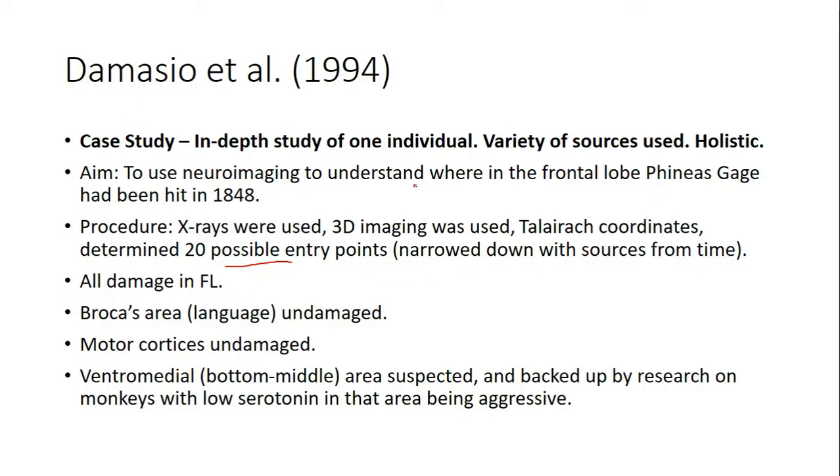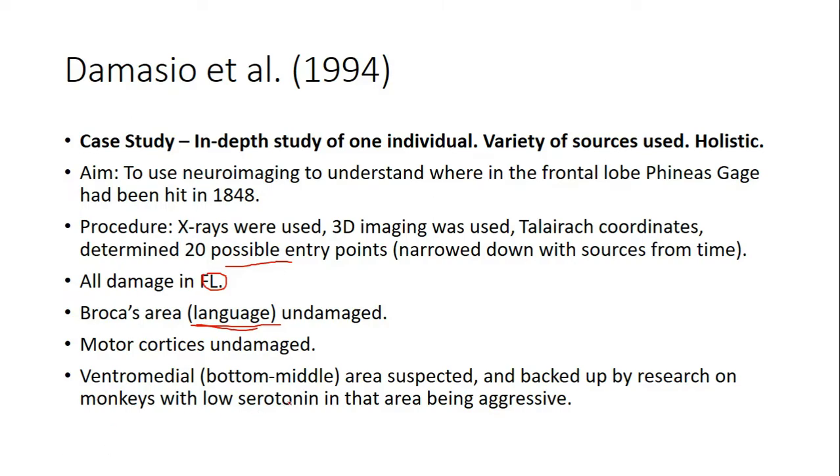All of the damage was in the frontal lobe, so it shows that it is about decision making and personality. Broca's area, which is an area for language, is in the temporal lobe. It's a smaller area in the temporal lobe, and it went undamaged, so he could still speak. Motor cortices were undamaged, so he could still walk and do all the physical things he needed to do.